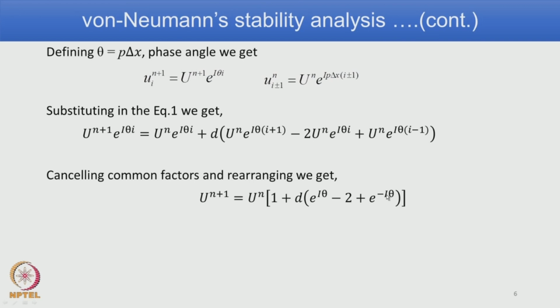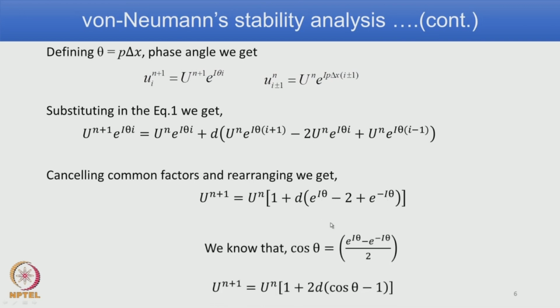Now, we know cos theta can be expressed in exponential form as e power i theta plus e power minus i theta by 2. So, if you substitute the expression for cos theta in these and rearrange it, then you get u of n plus 1 equal to u n times 1 plus 2 d times cos theta minus 1.